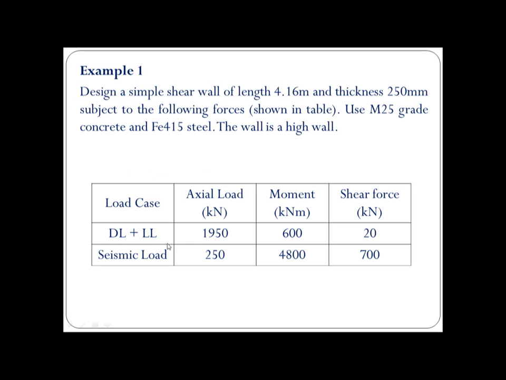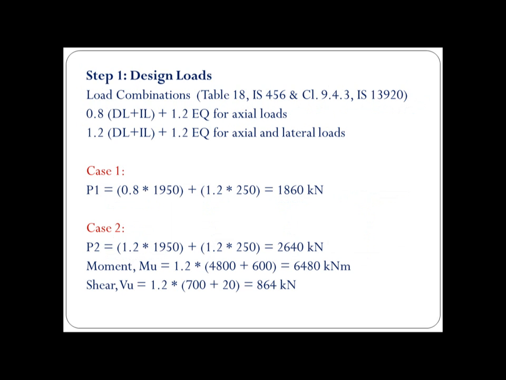Dead load plus imposed load: axial load of 1950 kilonewtons, moment of 600 kilonewton meter, and shear force of 20. Seismic load: 250 kilonewton axial load, 4800 kilonewton meter as moment on the shear wall, and 700 kilonewtons as shear force.